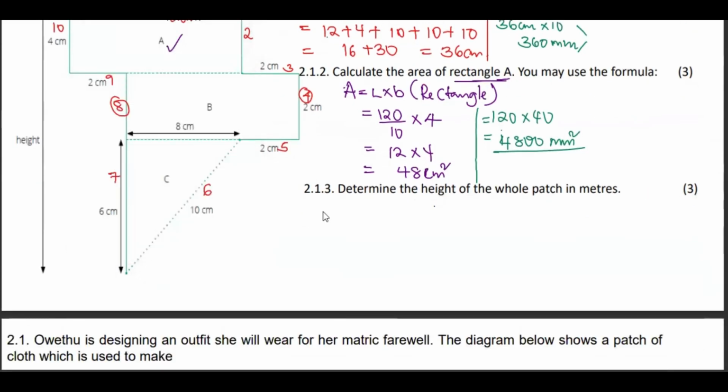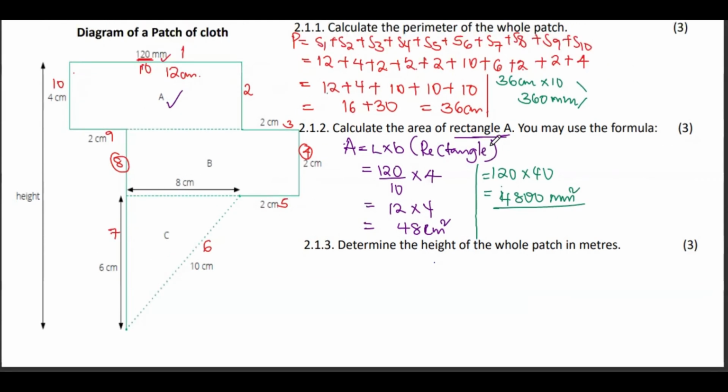All right, we look at 2.1.3. Determine the height of the whole arch in meters. The height is this height here. This height is going to be this side 7 plus side 8 plus side 4.